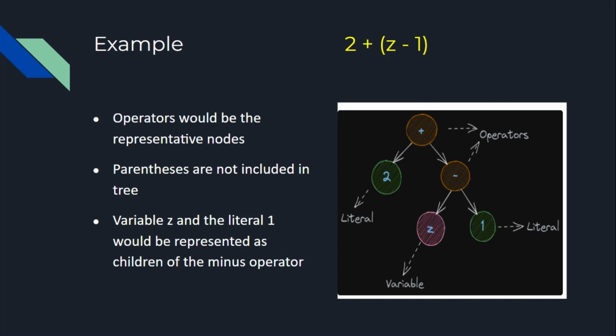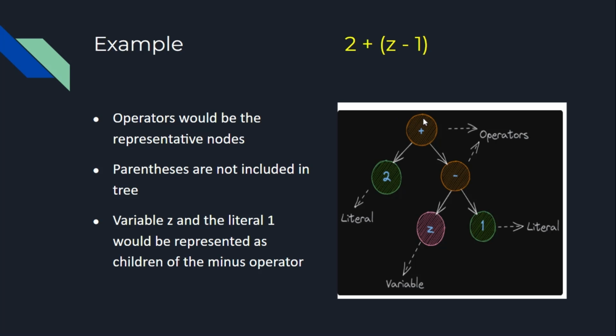A simple example of the structure of an AST can be represented by analyzing a mathematical equation like 2 plus z minus 1.